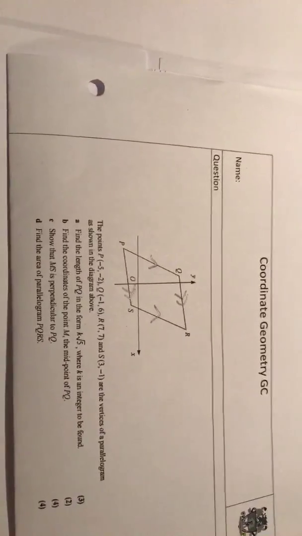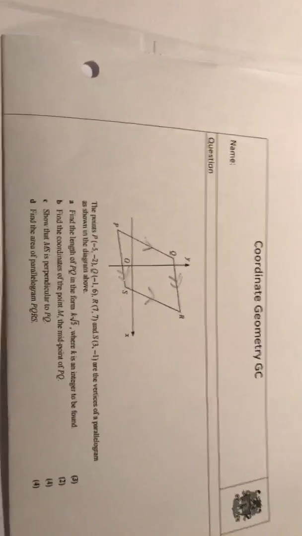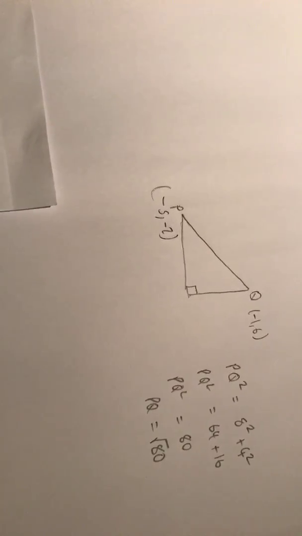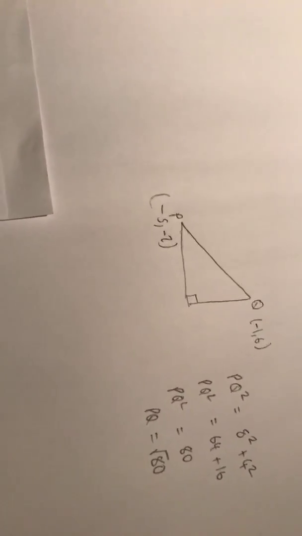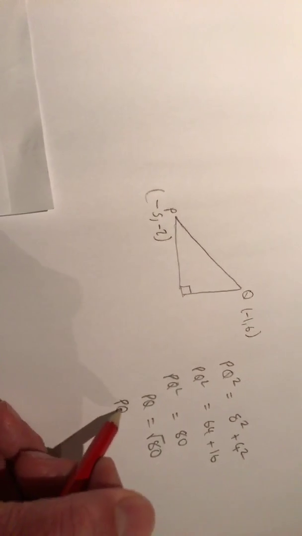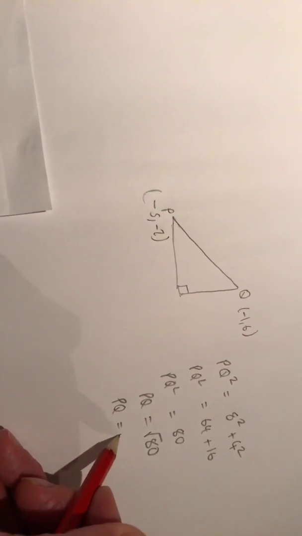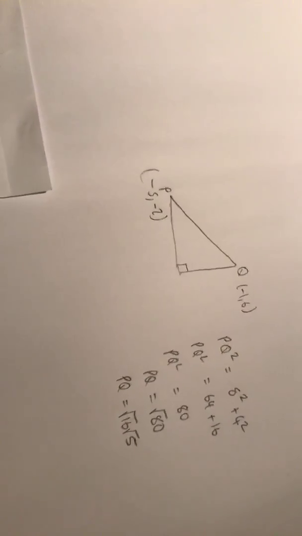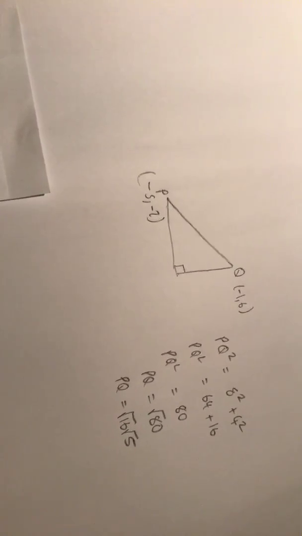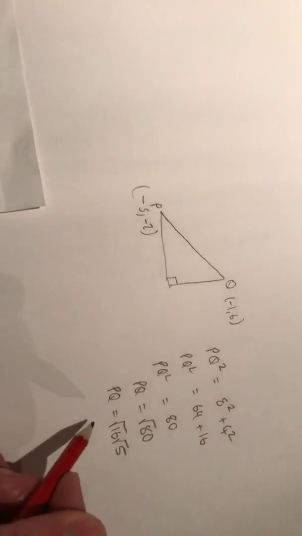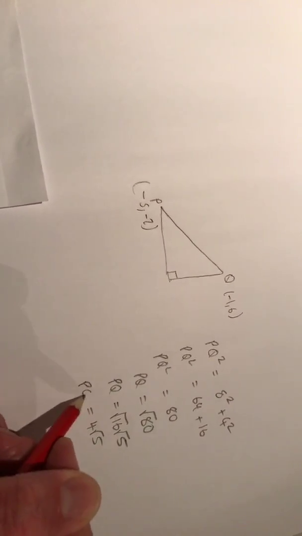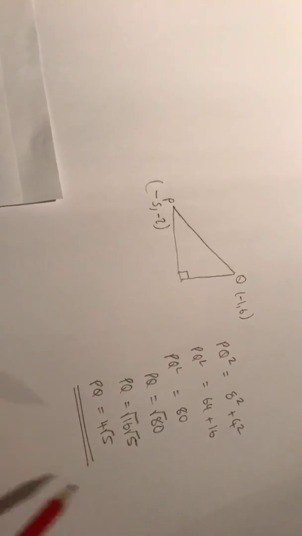An integer is a whole number, so if we go back to root 80, you should have been doing some work on roots and indices in your maths lessons. You should know that PQ would therefore equal root 16 root 5. 5 times 16 is 80, so we can split that down, looking for a square number. Root 16 is 4, so PQ is 4 root 5.